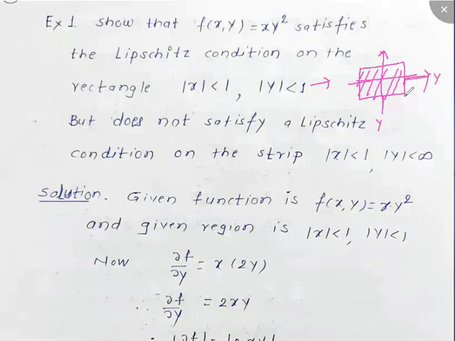This value is x equal to 1, this value is x equal to minus 1 on the x-axis, and this value is plus 1 on the y-axis, and this is minus 1 on the y-axis. Whereas for this strip, again x lies between minus 1 and plus 1.